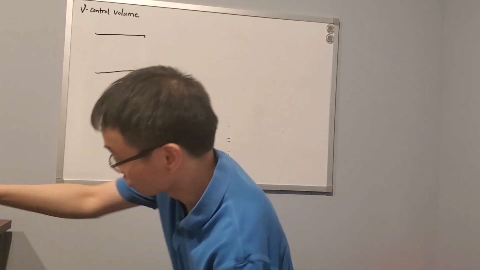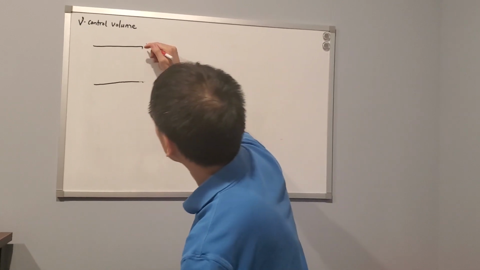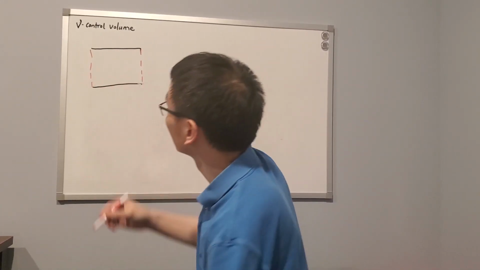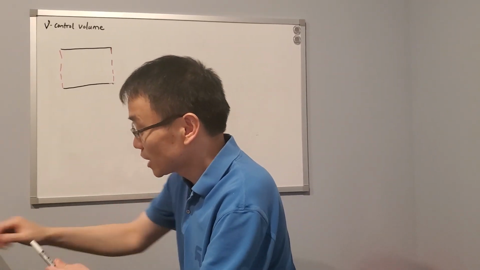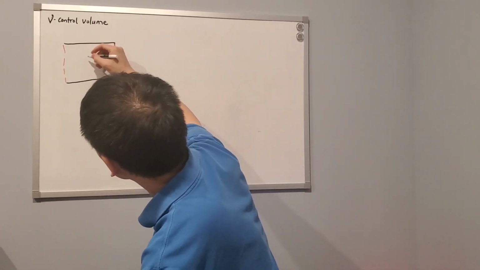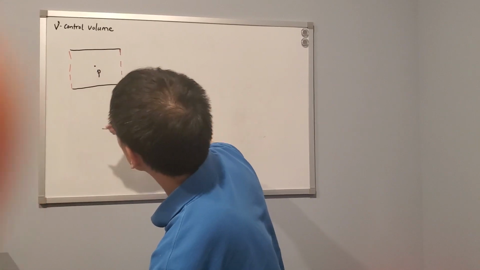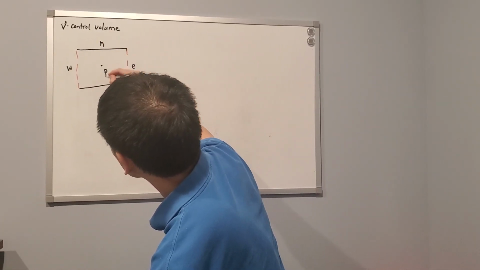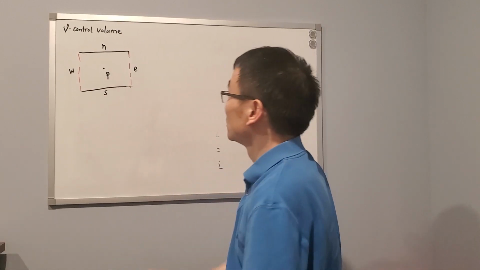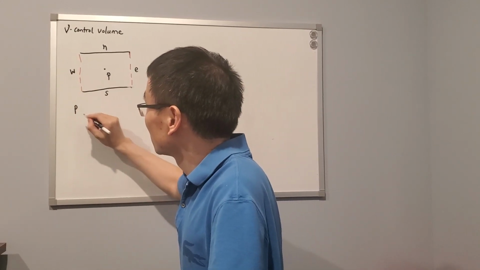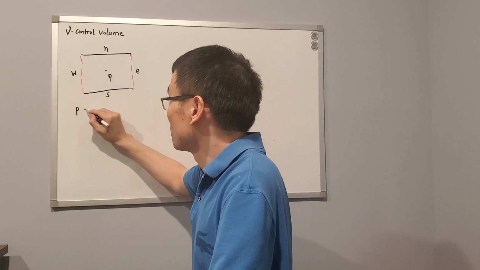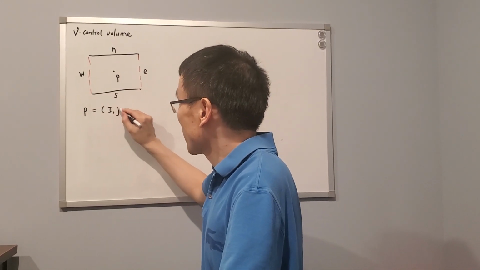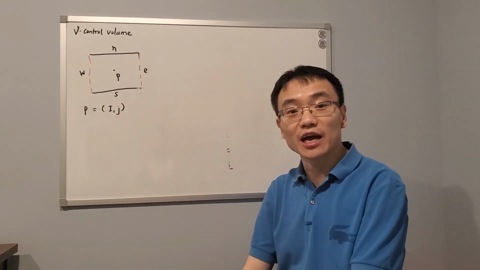So I'm going to draw dashed lines with a different color. All right, so now the cell centroid is again P, and we have W, E, north and south. Let's take a look at the two-dimensional indices for P. There will be I, which is a capital letter, and J is a lowercase letter instead.